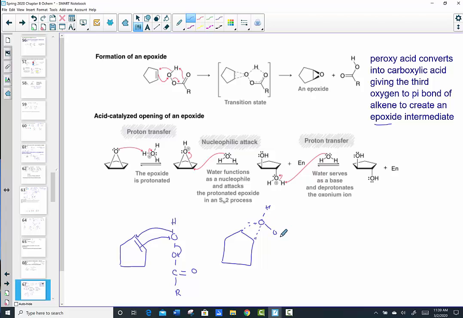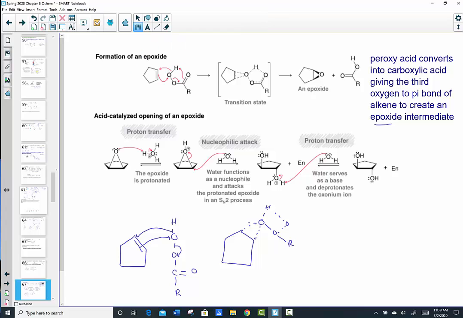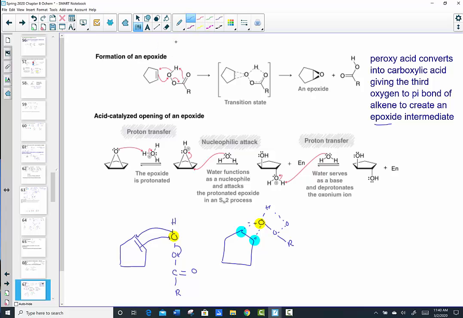And so these are all just delocalized bonds now. I'm going to highlight where that's coming from. The peroxy acid, that additional oxygen, is now attached to both carbons that were in the original pi bond. Those are the vinylic position carbons.